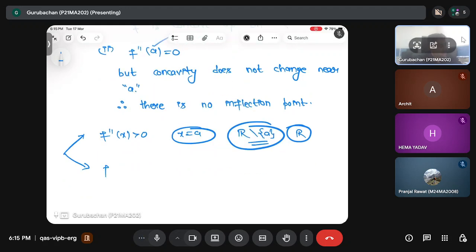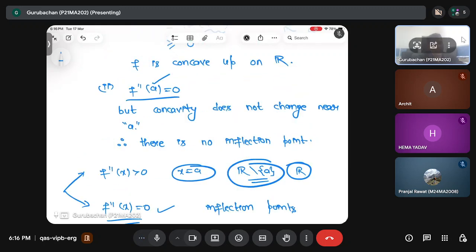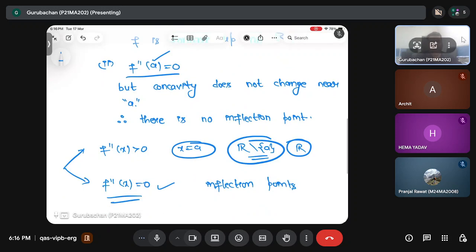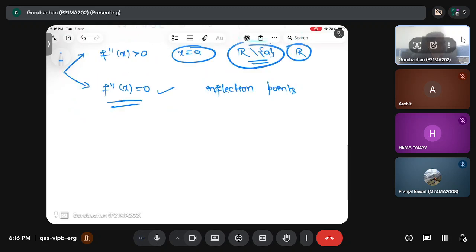Secondly, while finding the inflection point, we see for which value of x the f double dash goes to 0 to judge the inflection points, because our double derivative is 0 at x equal to a. So definitely there is some ambiguity in our concepts. So let me clarify it. So first of all, let me mention a note.